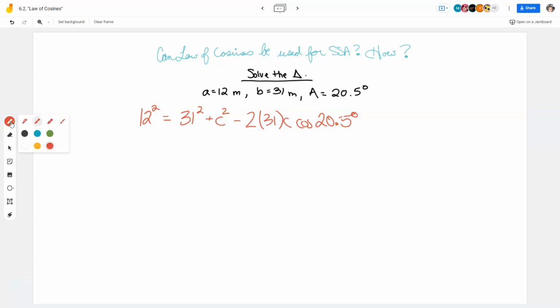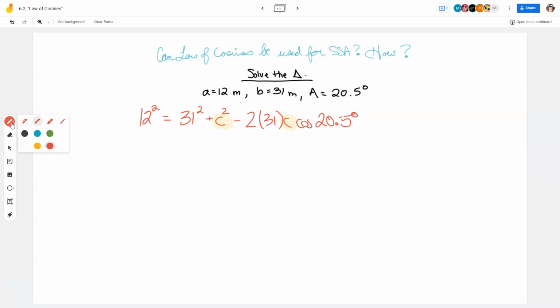Because I have an equation with how many unknowns? Just one. It's in two different places, which is kind of annoying, but I have one equation, one unknown. That's algebra basics. But wait, why didn't I put the C over here? Because you don't have angle C. Did you learn your law of cosines? Whatever you have here, you also need it matching over there.